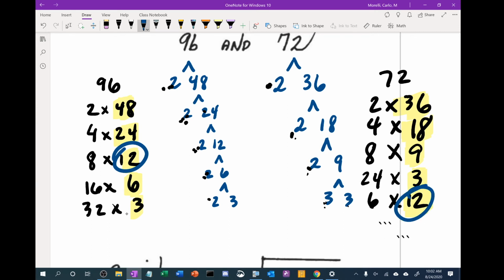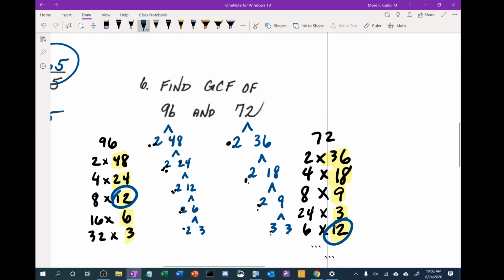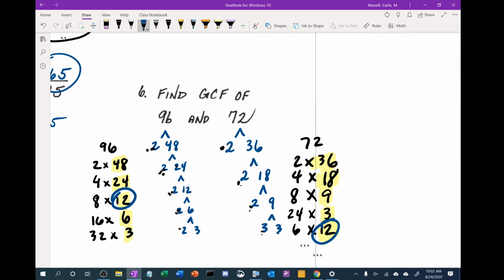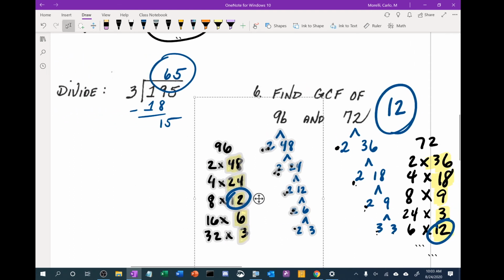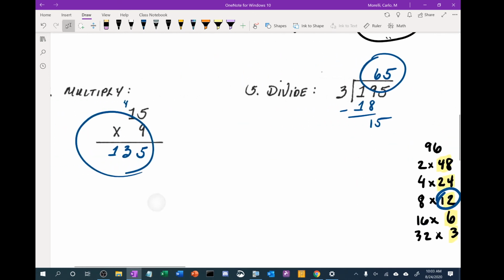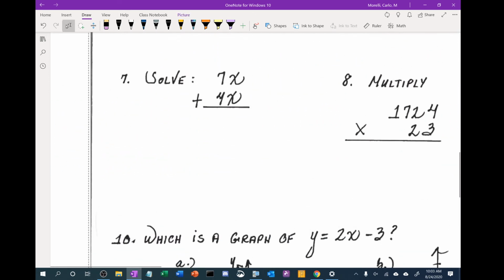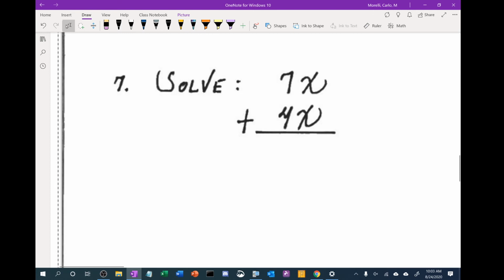That is the greatest common factor of 96 and 72. Okay, so you can just come over here and put 12, circle it. And there's a method to do that where you'll always get it, and apparently that's not the method. Okay. All right, moving on to number 7.